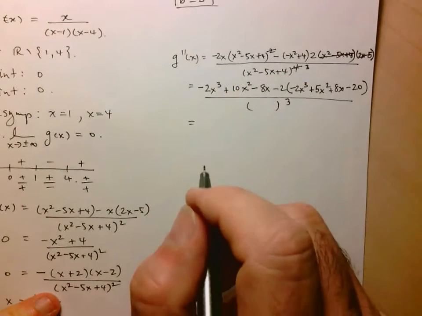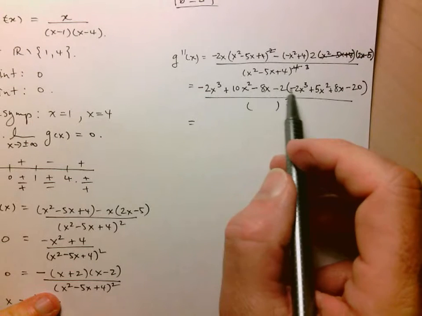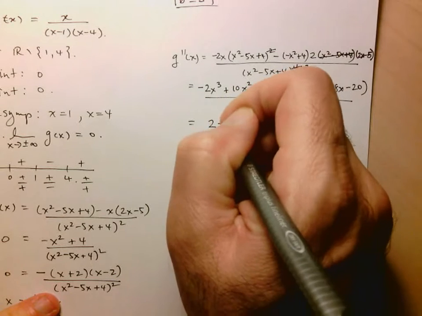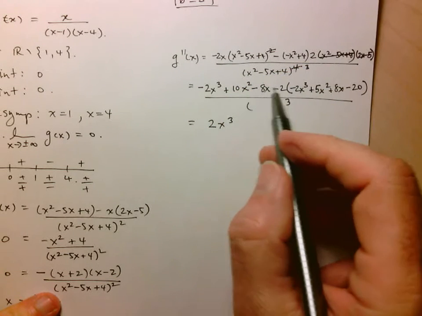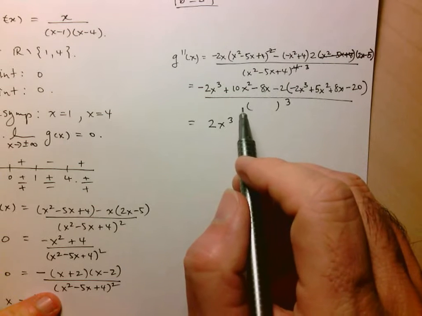Okay, and now let's simplify. So we have negative 2x cubed plus 4x cubed, so negative 2 plus 4, so that's 2x cubed. We have 10x squared minus 10x squared, so that disappears.